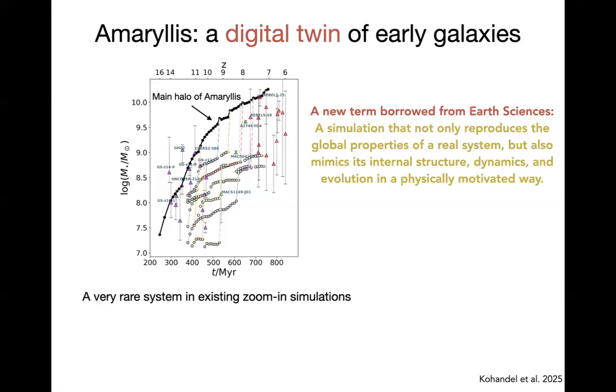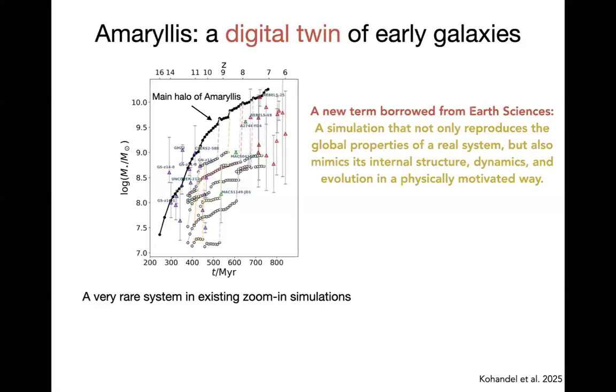So this is basically the evolution of the main halo of Amaryllis that I'm showing. Here are the star formation and stellar mass as a function of time. We are following this galaxy from redshift 16 to redshift around 6, 7 point something.